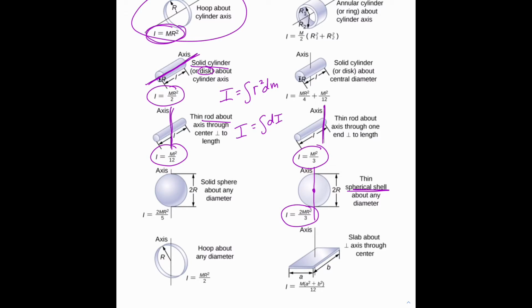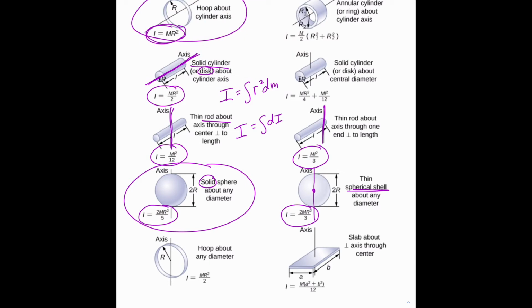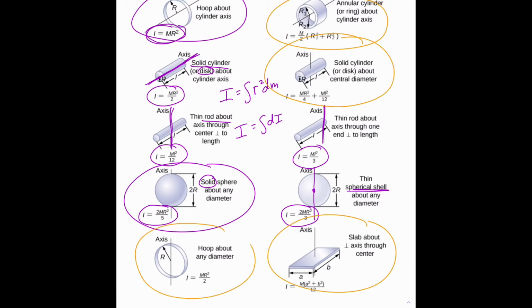So for this video, we're going to derive the formula I equals 2/5 mr squared for the case of a solid sphere. Now, just to let you know, that's going to leave us with 1, 2, 3, 4 others that have not been derived.